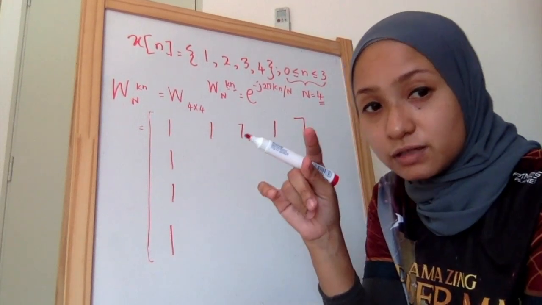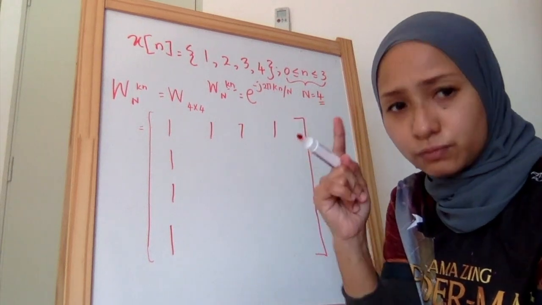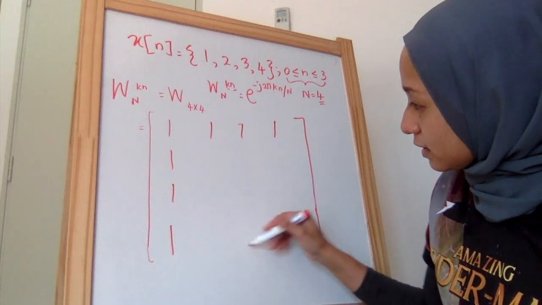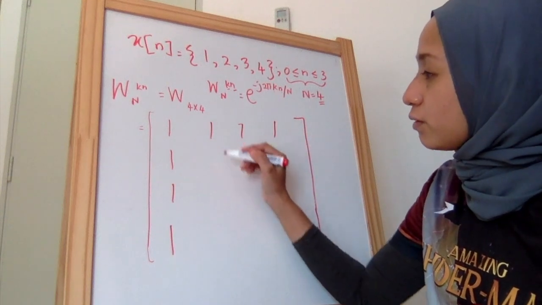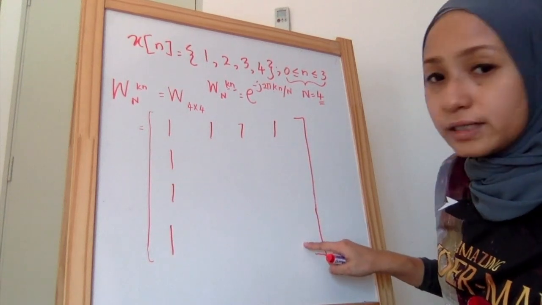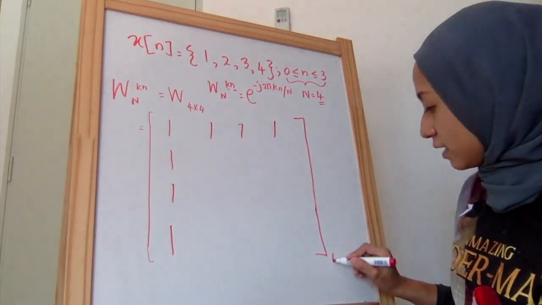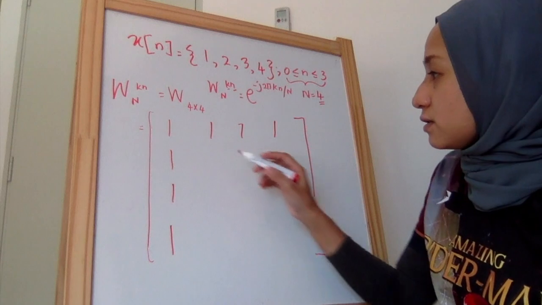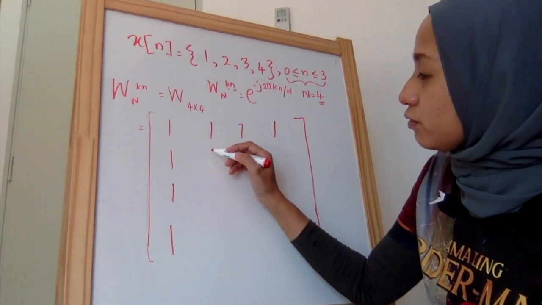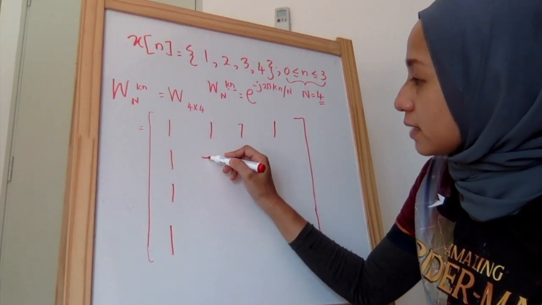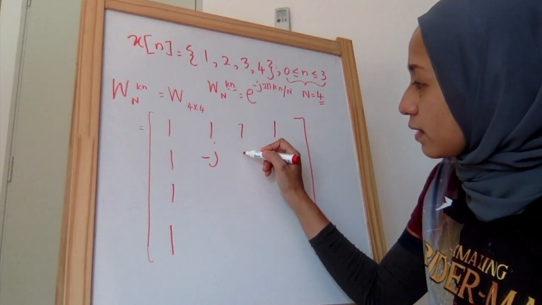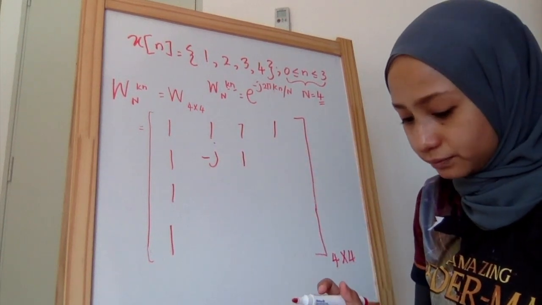Because we have 0, so exponent 0 is 1. Now you have to worry about what is inside here, starting from W411 until W433. This is meant for a 4 by 4 matrix. So you know that W411 is minus j, and W41 is 1.